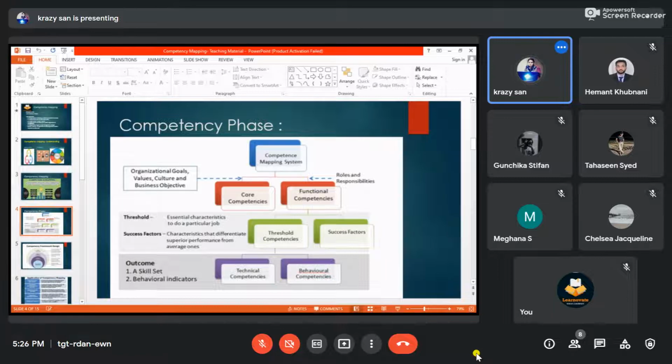So it can be a skill set or behavioral indicators.